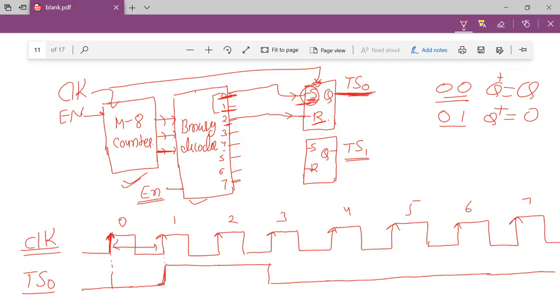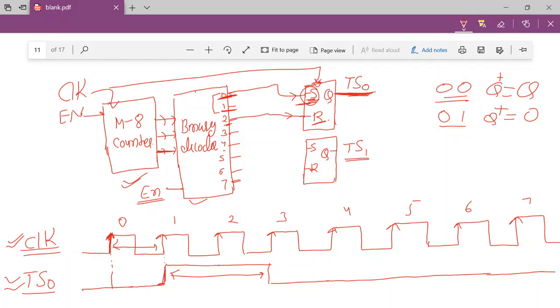In this case, although the frequency of the clock is not the same as that of TH0, you can consider that the frequency of TH0 is now 1 by 8, because in 8 clock cycles this TH0 will complete one cycle, and in the next 8 clock cycles it will repeat the same pattern. So what will be the duty cycle of TS0?